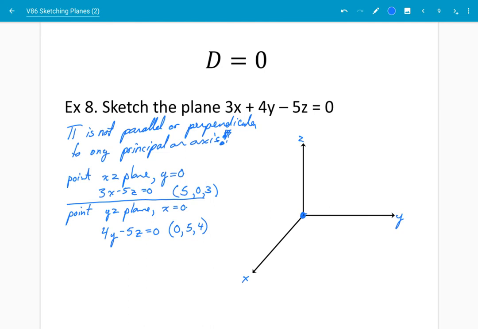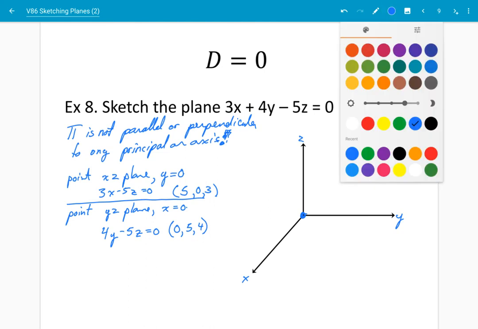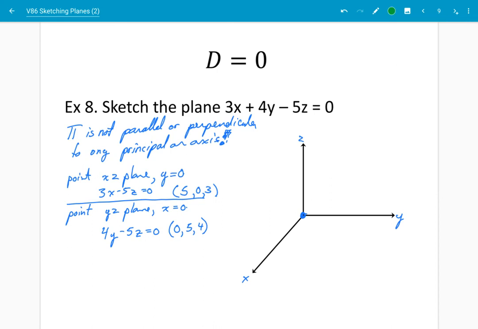Well, we have to plot these points. And up till now, we've been plotting points and vectors by drawing rectangular prisms. And I hope you've gotten comfortable visualizing this, because we're not going to do the prisms now, because we're trying to draw this plane and the prisms would get in the way. So I'll draw the first one, 5. So to me, 5, neither left or right, but up 3 spaces.